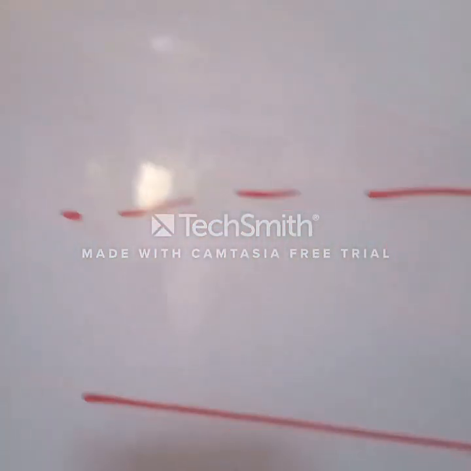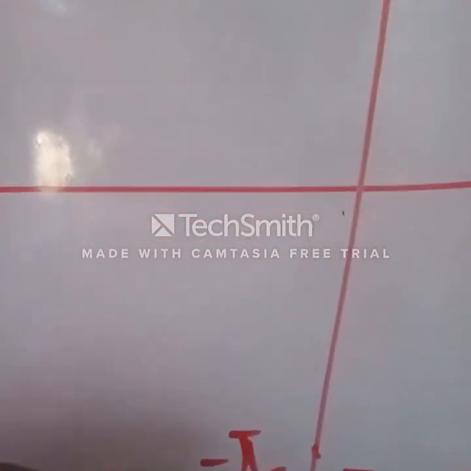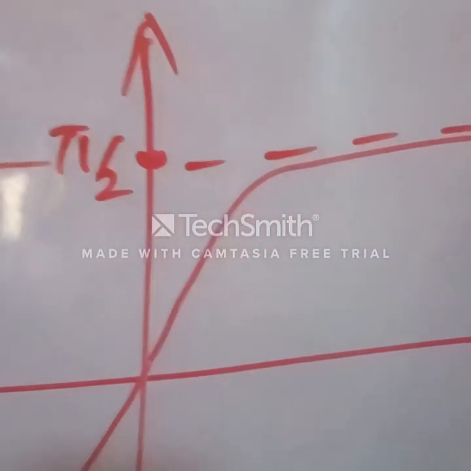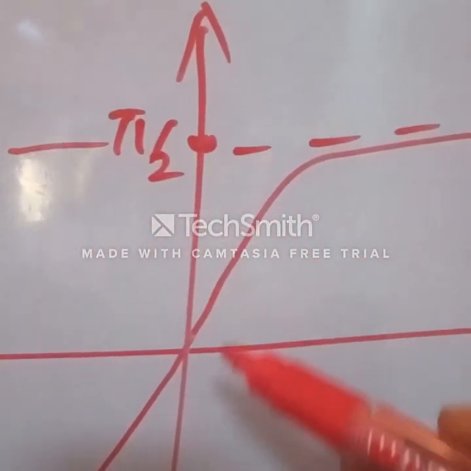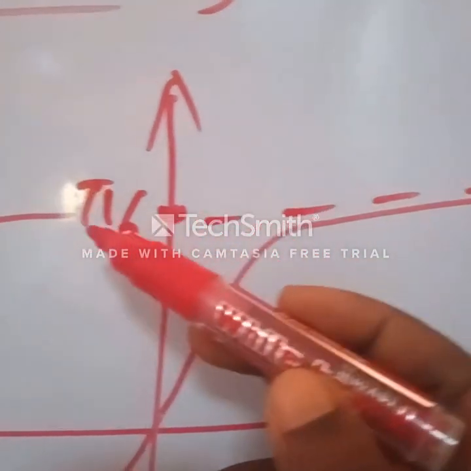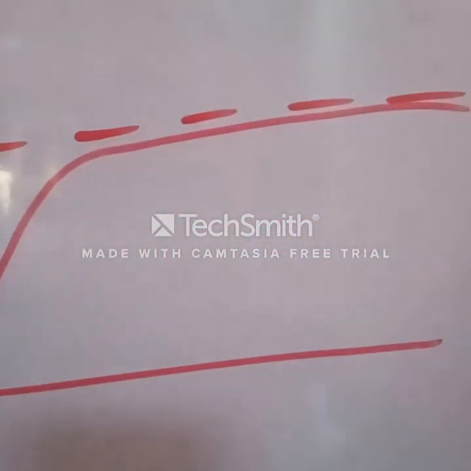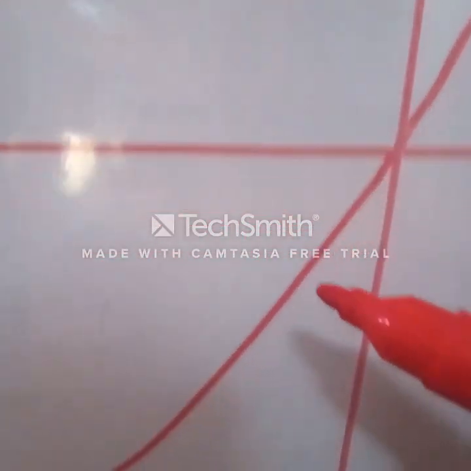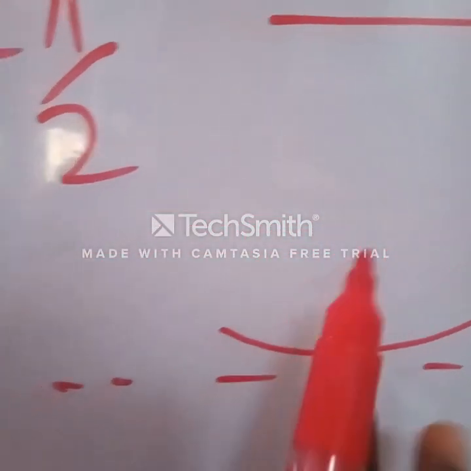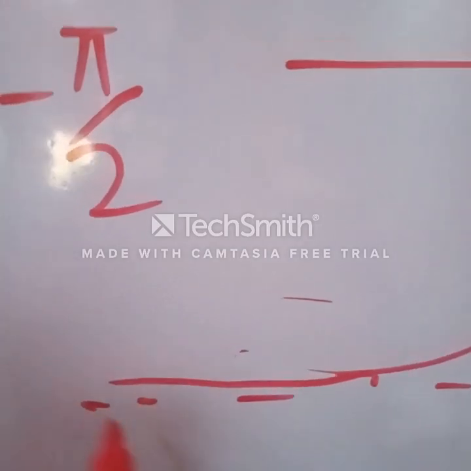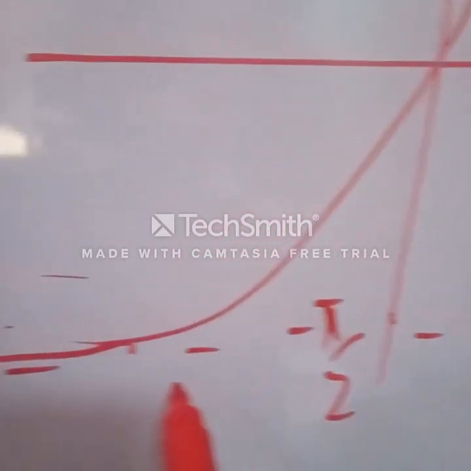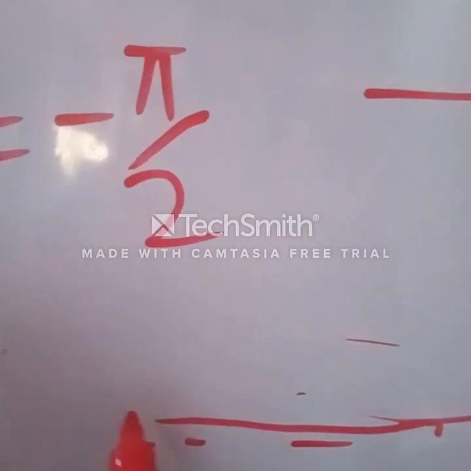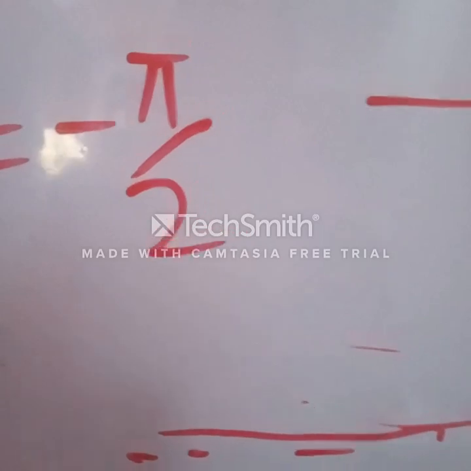So what this is saying is this. This curve passes through here. When x becomes positive, the curve approaches the line of pi over 2, and when x is decreasing, this curve is also approaching negative pi over 2, when it is going to negative infinity.